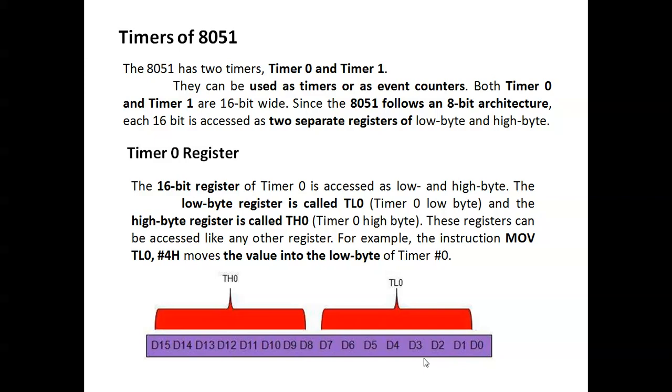The 16-bit register is split into timer low and timer high: bits 0 to 7 are TL0, and bits 8 to 15 are TH0.